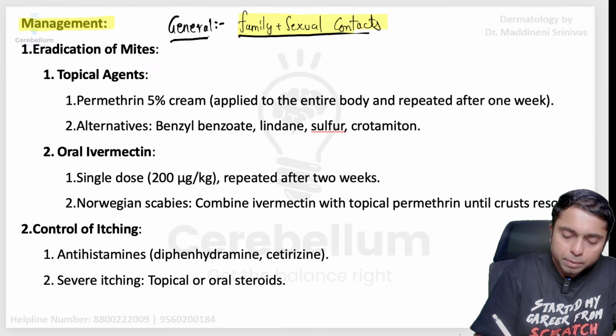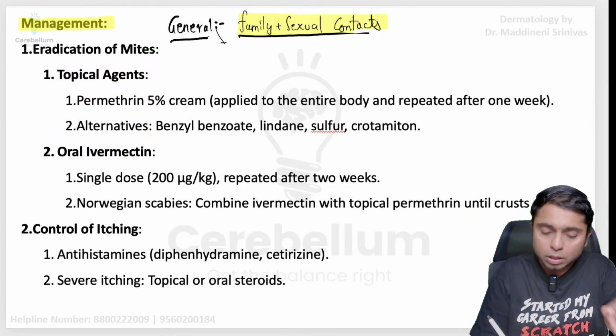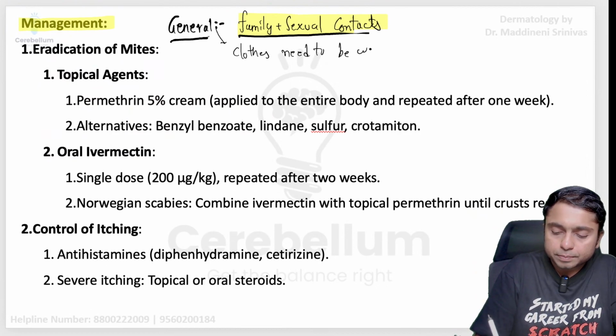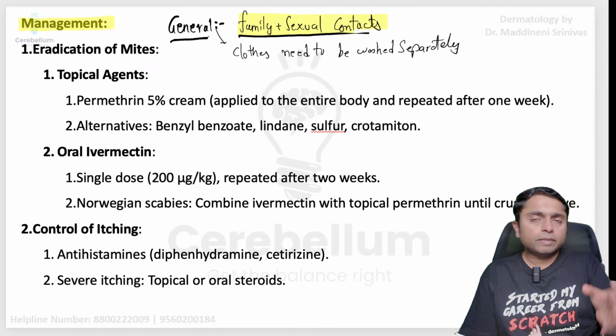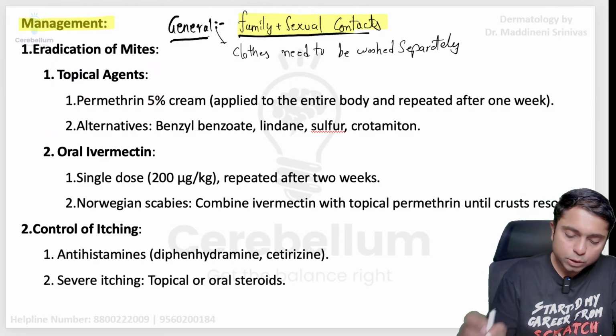And also remember, because this can transmit through clothes, the clothes need to be washed separately. Ideally, if they are treated in hot water, that is better. So these two are the general measures.